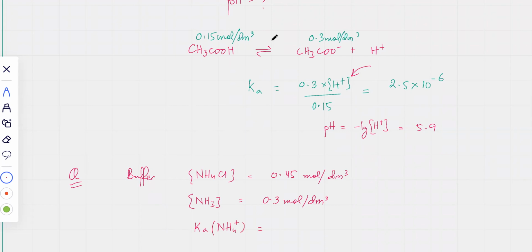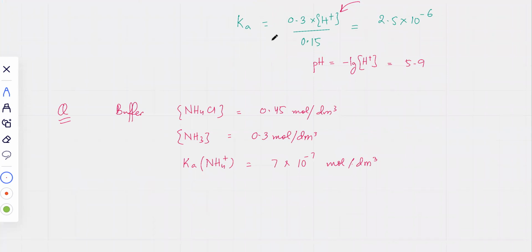That K is 7 times 10 to the power minus 7, let's say. That's the K. First thing, can anyone identify out of the two things that are mixed together to form a buffer, which one is the weak acid and which one is the conjugate base?